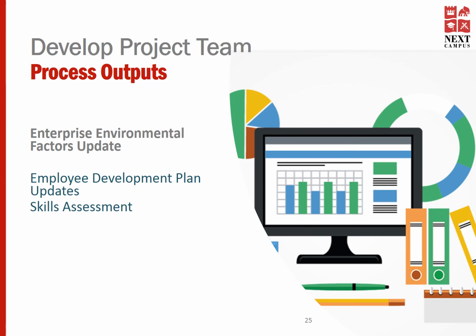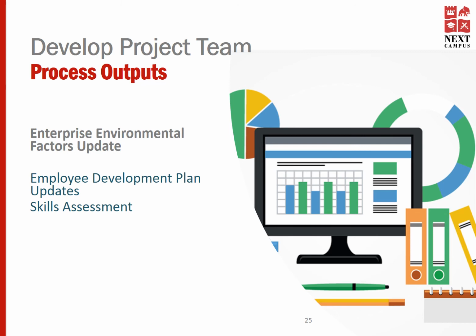Enterprise environmental factors update. So at the end of the develop project team process, it's important that you update the environmental factors as well. There are two documents that we suggest you keep up to date. One, employee development plan updates.